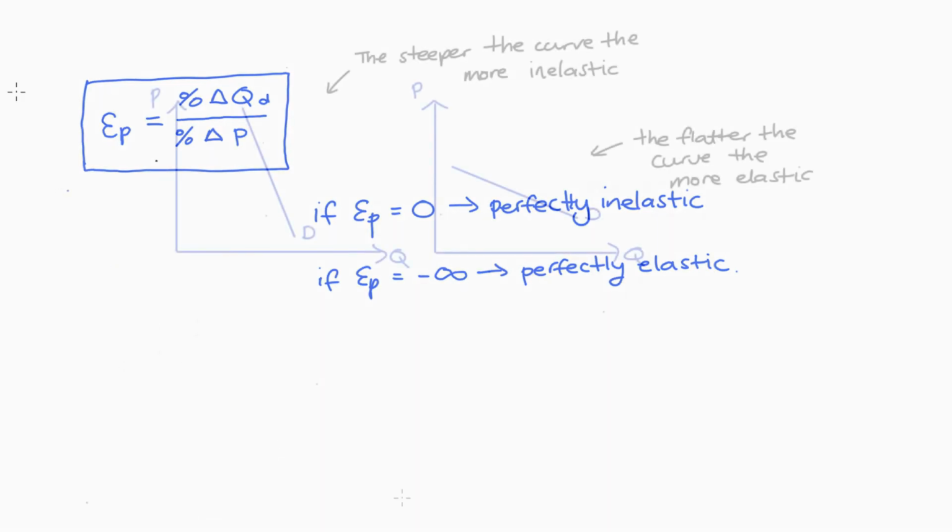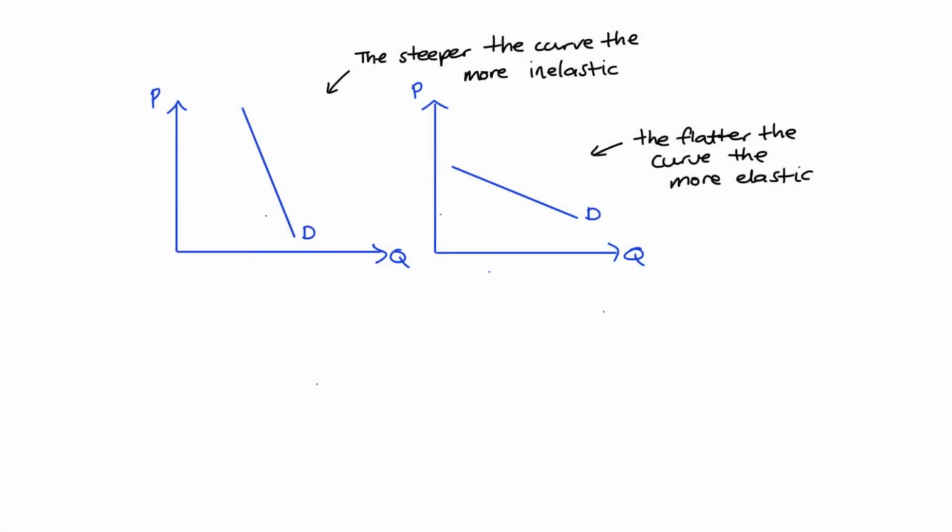Specifically, we say things like the steeper the curve is, the more inelastic that demand curve is relative to the flatter curve. A good way to see why we say this is to see that for any given price change, the steeper the curve, the less the quantity demanded changes in response to that price change.